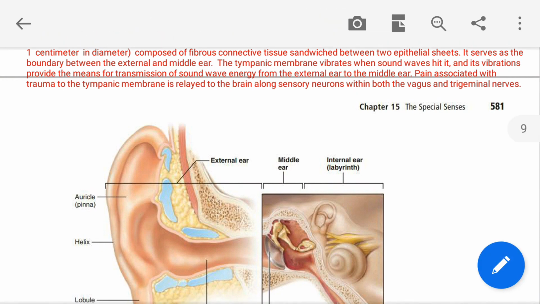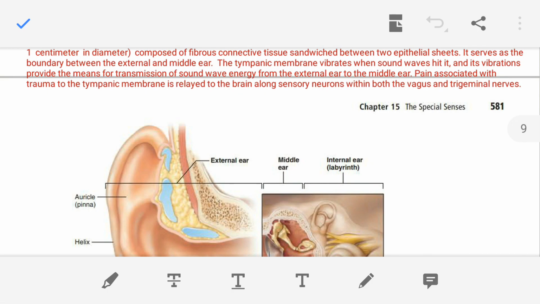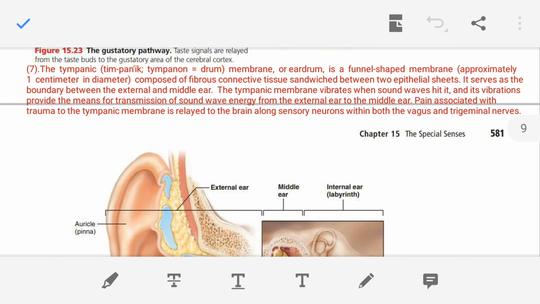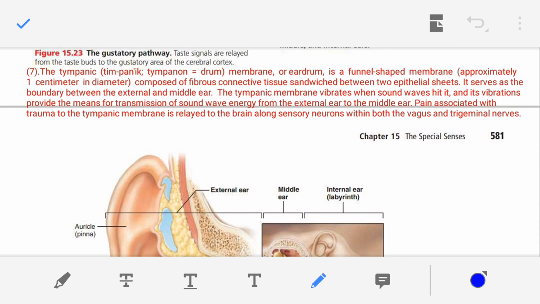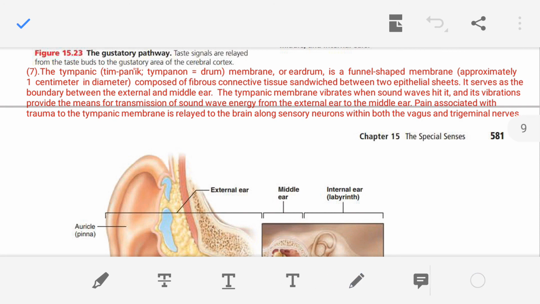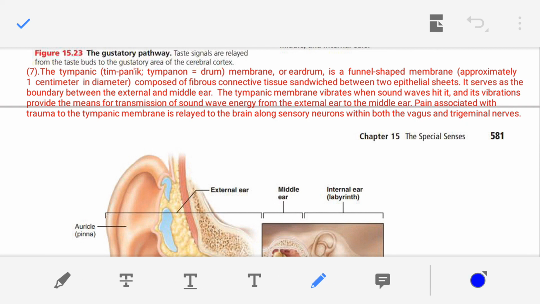So what is the role this tympanic membrane is playing? The term tympanic is derived from the word tympanon. Tympanon means drum. So the tympanic membrane is also known as the eardrum.